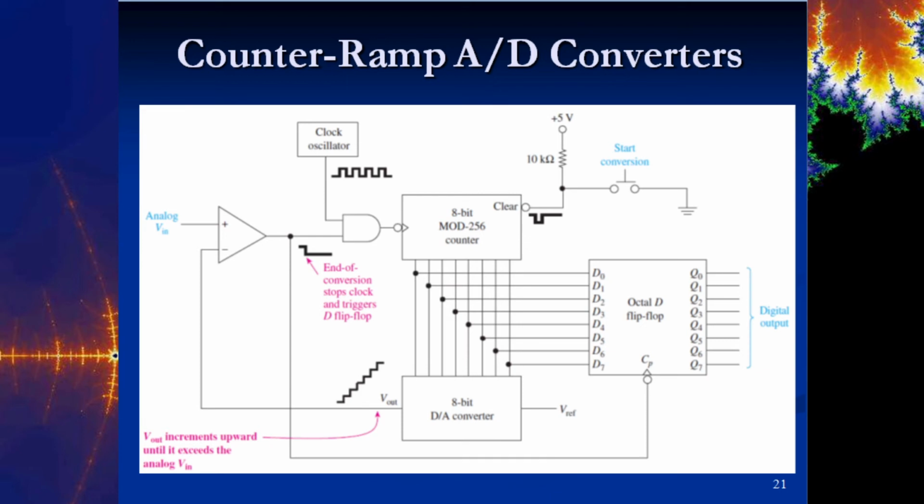So over time, this thing keeps ramping up until it gets to the same voltage as here, and then the comparator will output a low, and that will be the end of the conversion, and it will stop the clock and trigger the D flip-flop to go out to the output.